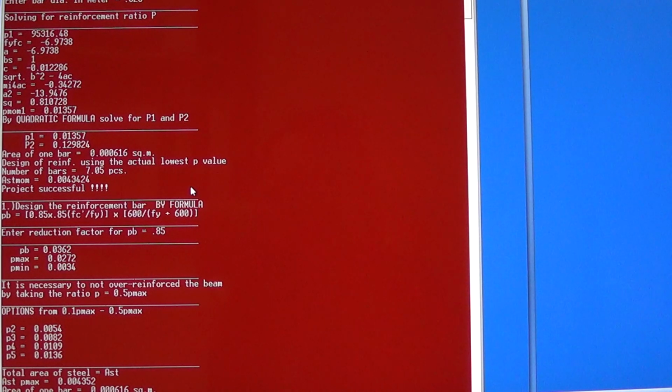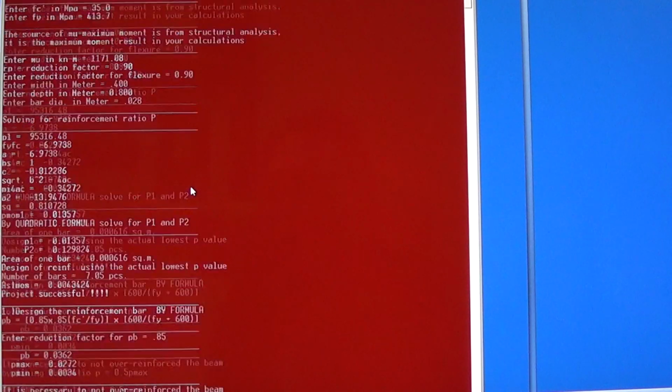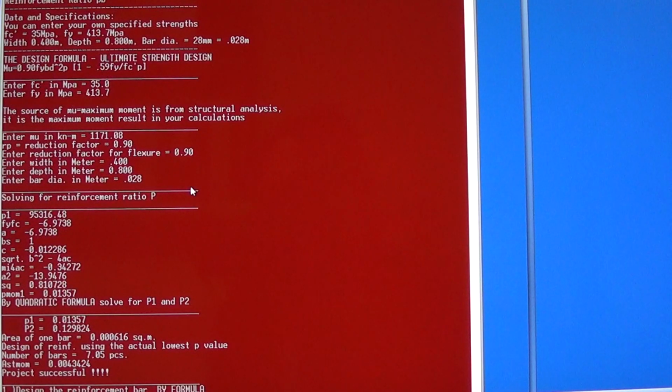The advantage of having a structural design program is you can always change and play around with it, and you can learn more by doing that than doing manual calculations.